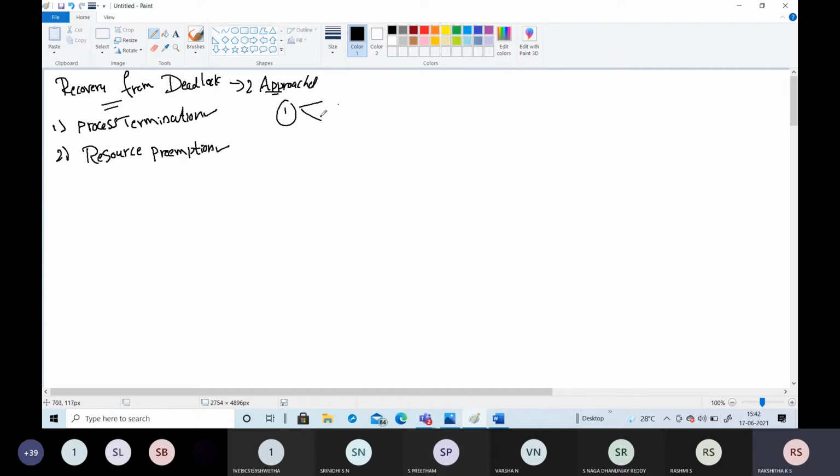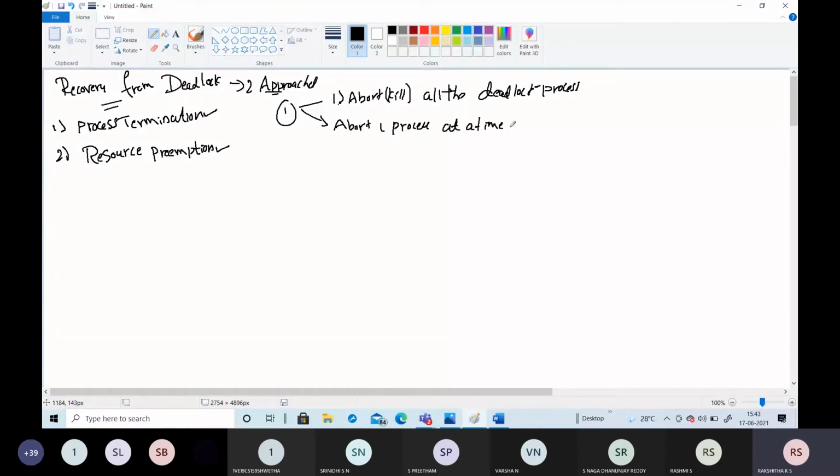In process termination, there are two different sub techniques. What is the first sub technique? Abort or kill all the deadlock processes. And the second one: abort one process at a time.